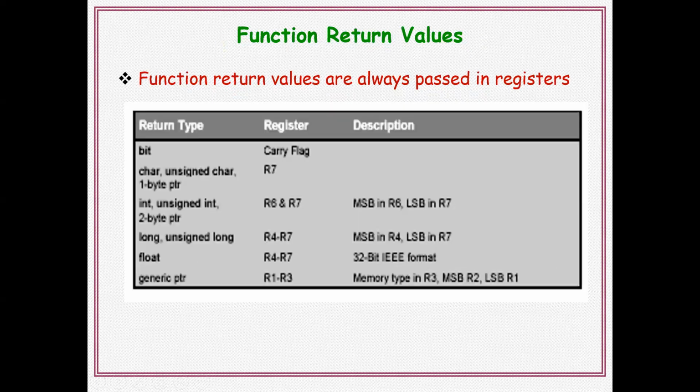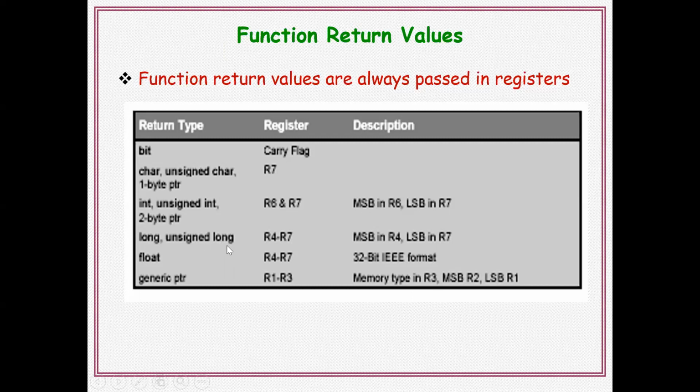Function return values are always passed in registers. Bit type uses the carry flag. Character, unsigned character, 1-byte pointer: in this case, you can use R7. Integer, unsigned integer: R6 and R7, MSB in R6, LSB in R7.